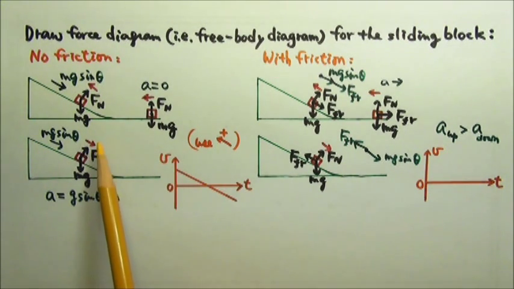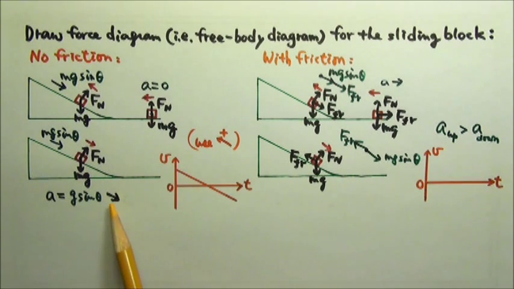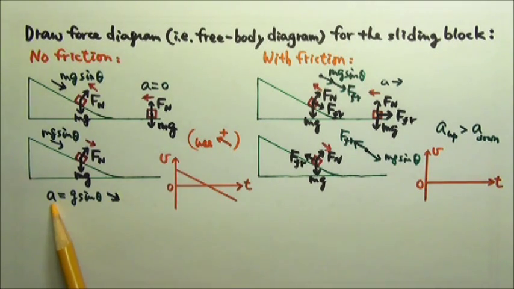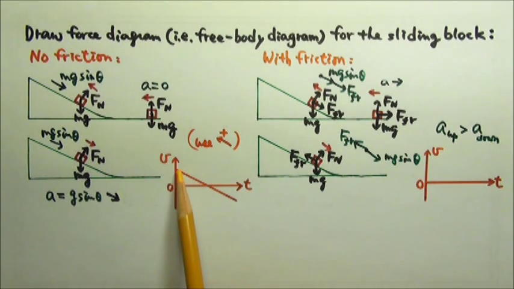Since this block does constant acceleration motion on its way up and down, and the acceleration is down the incline, negative direction, and the acceleration is the slope of a velocity versus time graph, that means our graph should have a constant slope, a constant negative slope for the constant acceleration.